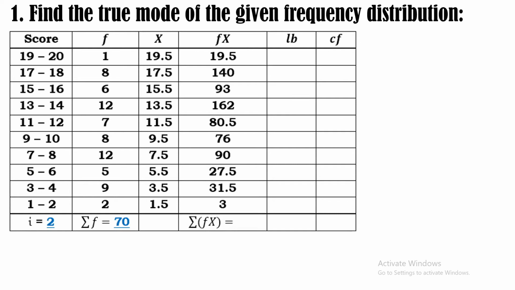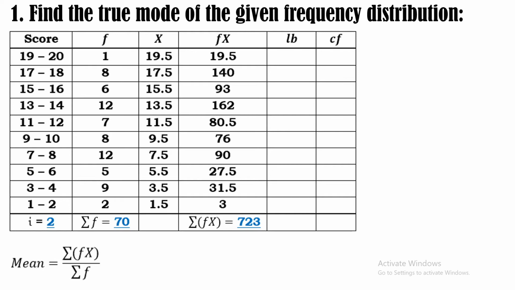Now, since we have found all the values of the fx column, we can now add to find the summation of fx. So the sum of all the fx values is 723. Now, to find the mean of the given grouped data, we have to use the formula: mean is equal to summation of fx all over summation of f.